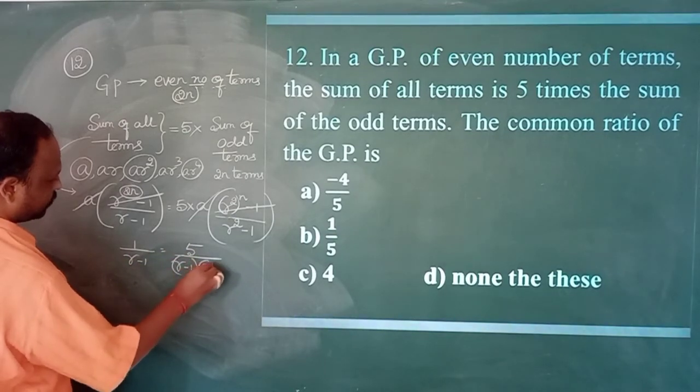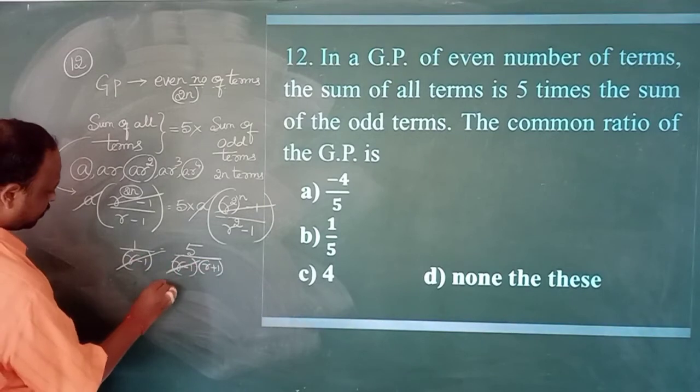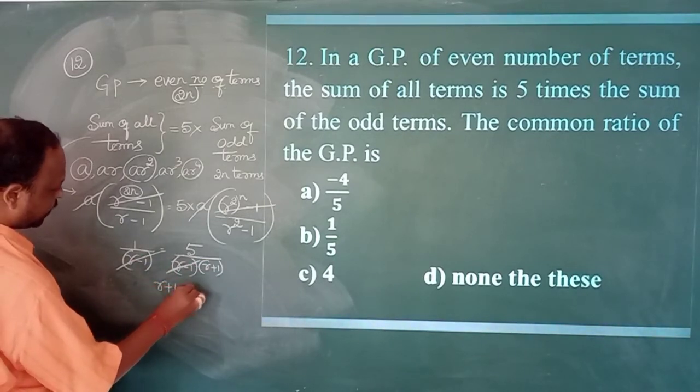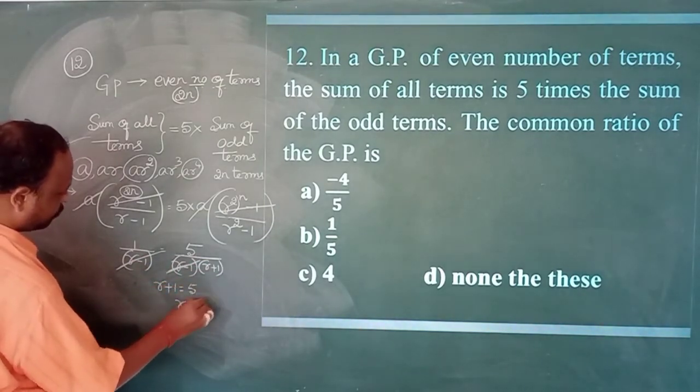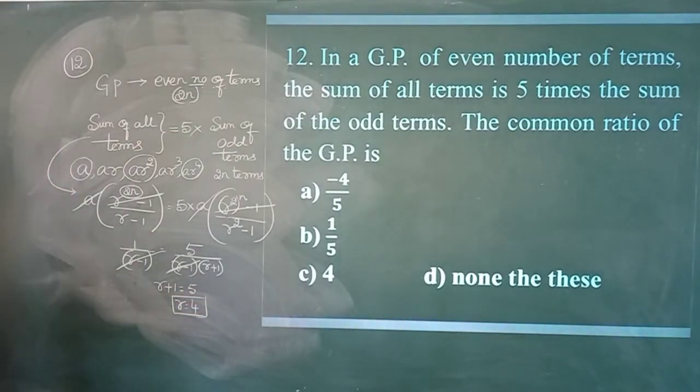So this will be 1 by r minus 1 is equal to 5 times r minus 1 into r plus 1. r minus 1 cancels. r plus 1 is equal to 5, r is equal to 4. So the common ratio should be 4.